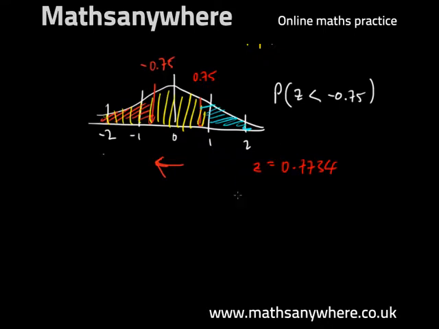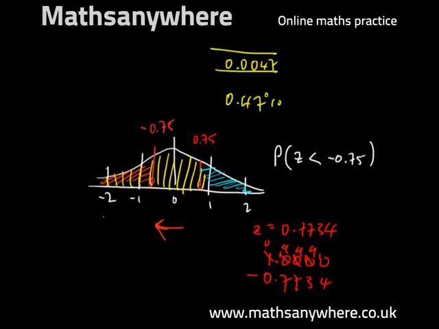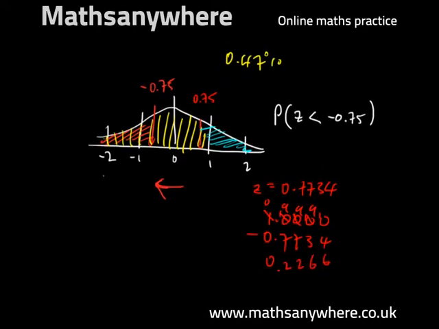Then the remaining area is 1.0000 minus 0.7734. Let's quickly do that. Six, 2, 0.2266 decimal probability of an outcome being less than minus 0.75, which is the area we wanted here.